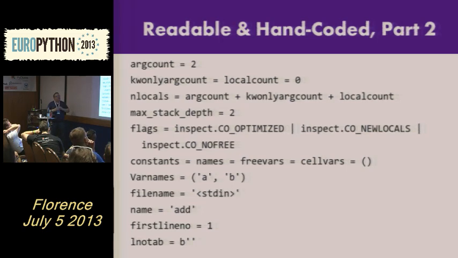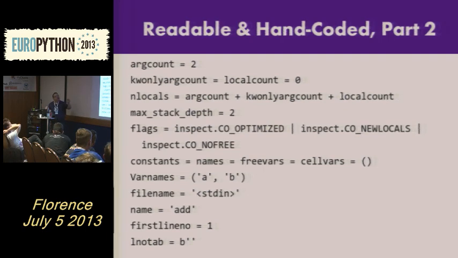What does CO_OPTIMIZED mean? CO_OPTIMIZED also, optimized in this case doesn't mean the code is optimized, it means that the namespace is optimized. So it actually also kind of means this function uses the fast locals array. What it specifically means is local variables are stored in fast locals as opposed to slow locals using co_names.